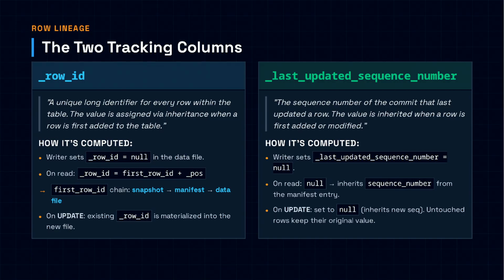So row ID, generally, we don't write it when we add the rows. We just compute it on the fly using the first row ID from the manifest and then the row position in the data file. But once you do modify the rows, when you're writing into a new file, you actually materialize the row IDs and last updated sequence numbers onto the disk.